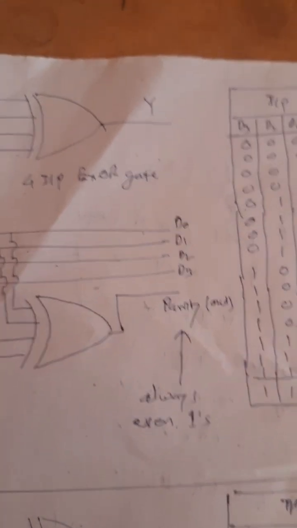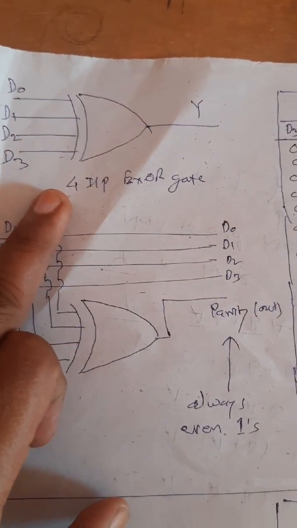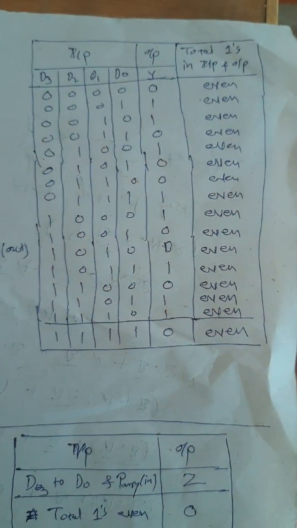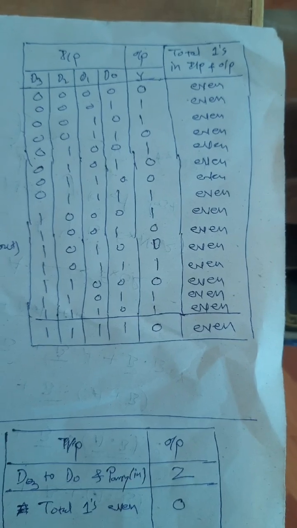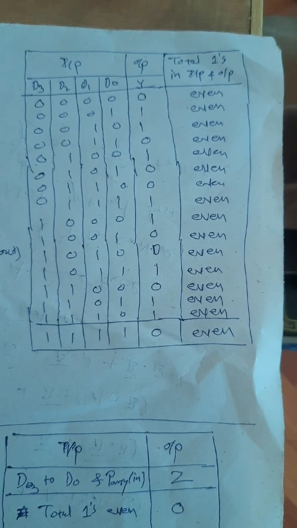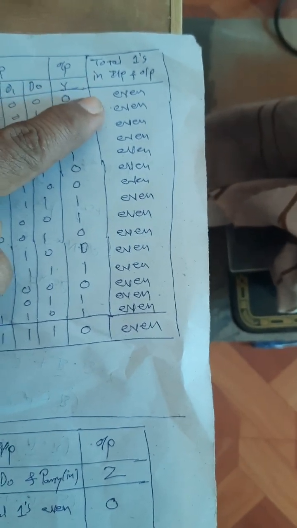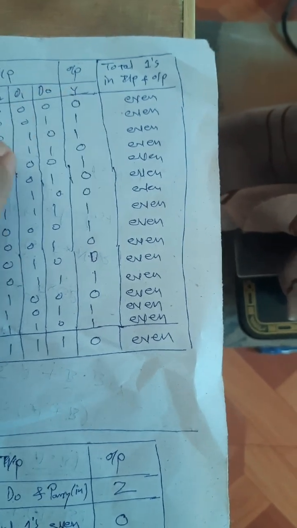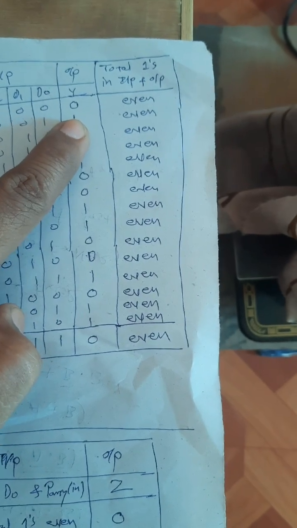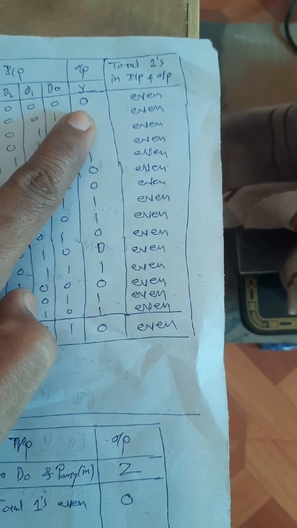Now, you will observe that here it is the 4-bit XOR gate, and this is the truth table for the 4-bit XOR gate. You will observe that the output is 1 if an odd number of inputs are 1, and therefore, including this column, the total number of ones in the data, that is these 4 bits along with the output, and this output is known as the parity output or parity bit.